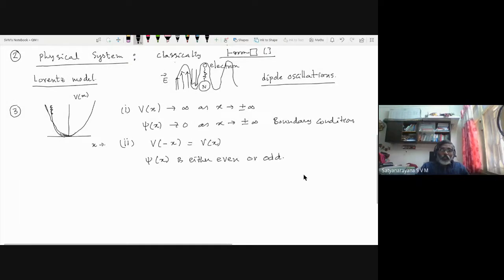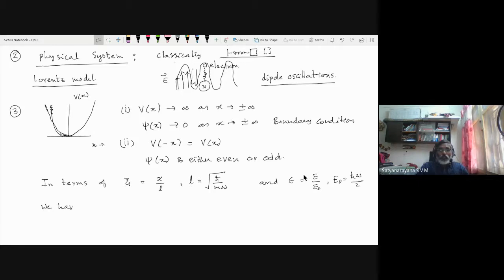And we have seen already that in terms of dimensionless variables, that is xi, which is equal to x by L, where L is equal to square root of h bar by m omega, and epsilon, which is equal to E by E naught, where E naught is equal to h cross omega by 2, we have the following results.